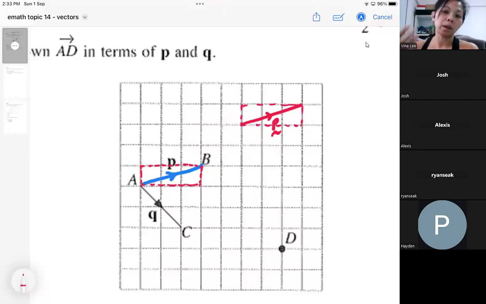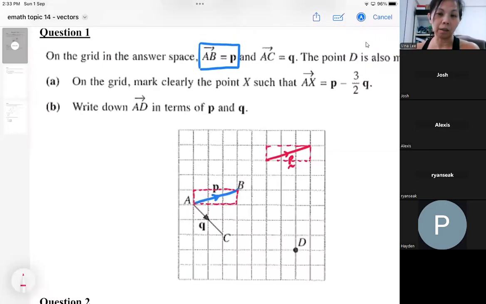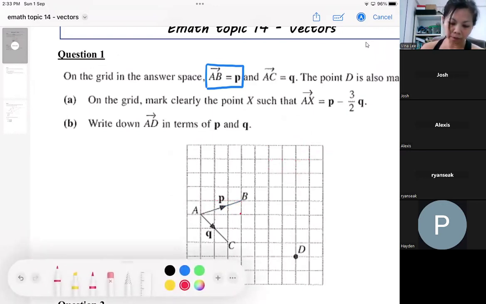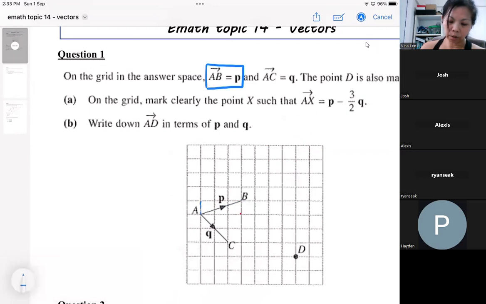So this is what you need to know first: when you look at a vector, you don't just look at the arrow, you look at the squares that make up it. Here, 3 tiles make up vector P.